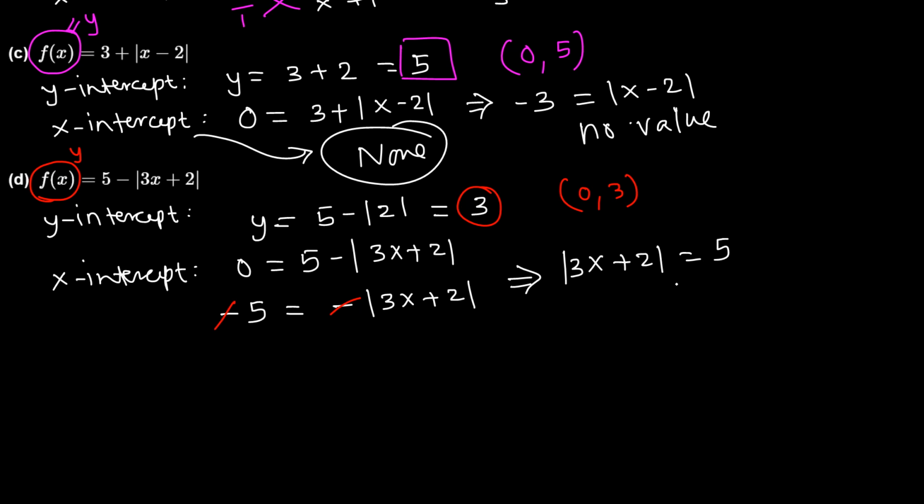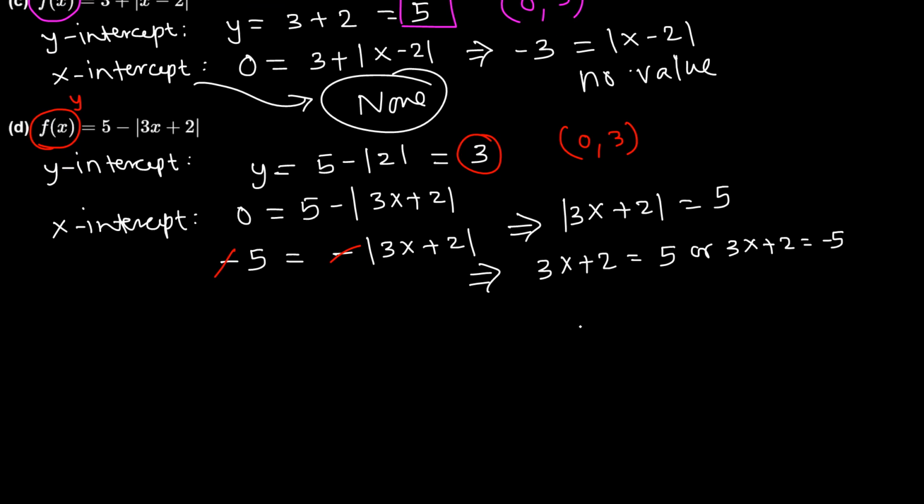Now we need to get rid of this absolute value, and when we do this, we need to put plus or minus. This implies either 3x plus 2 equals 5, or 3x plus 2 equals negative 5, because the absolute value of 5 is 5, and the absolute value of negative 5 is also 5. So we have two options. Subtract 2 from both sides and divide by 3.